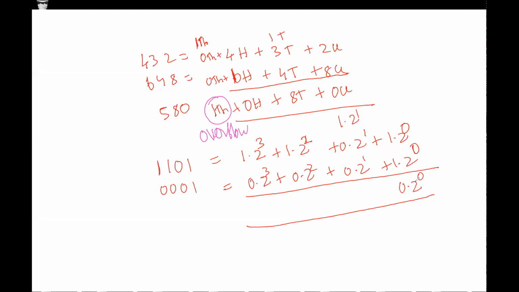Because 1 plus 1 is 2, and 2 is nothing but 2 power 1. We keep it there. And when we add here, we get 1 times 2 power 1 plus this. Similarly here 1 times 2 square and 1 times 2 cube. So this is nothing but 1110, this is in base 2. Does this binary arithmetic make sense? I hope you're all with me here.